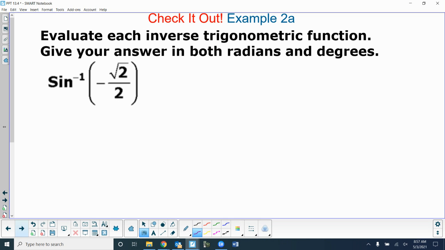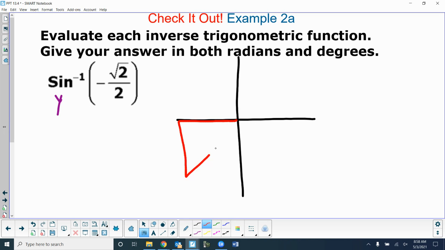All right? So, sine is which one, x or y? Y, right? Where's y's negative? Which two quadrants? 3 and 4. You guys are getting this already. Good. Y is negative there. And it's negative here.